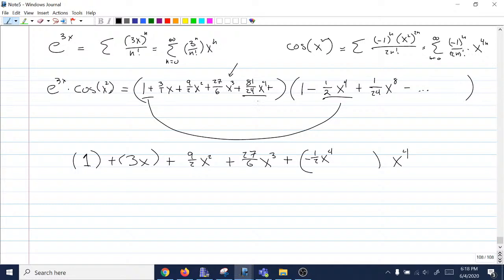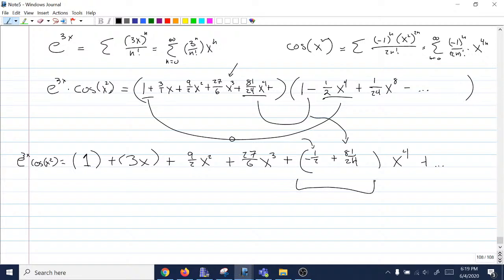So the 2 ways to get an x to the 4 term are this times this gives me a multiple of negative 1/2. This times this gives me positive 81 over 24. So these are the first several terms of e to the 3x cosine x squared.